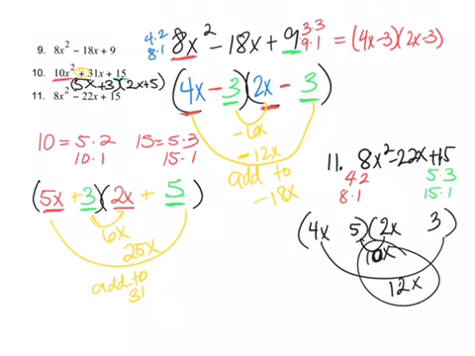Adding these together, they need to equal negative 22, so they both need to be negative. So my answer is 4x minus 5, 2x minus 3. I always like to deal with the negatives at the end. See if it's possible to get my middle term sum, and then figure out how to make the negatives make that work.